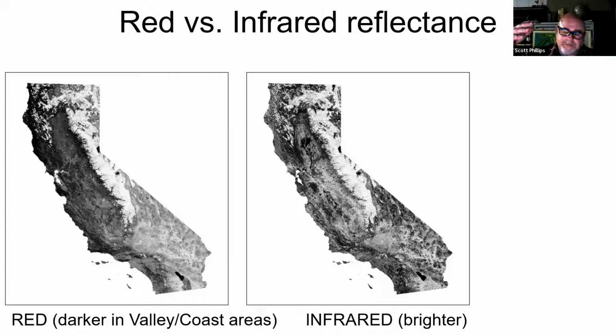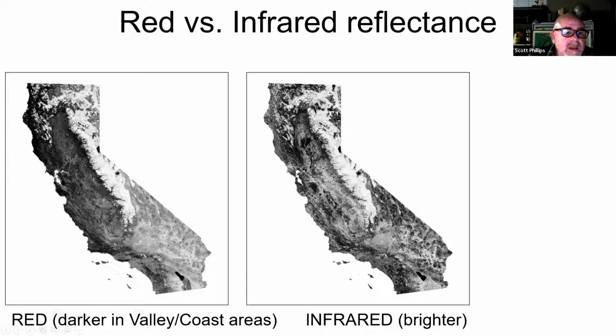But for physical reasons, in the way that it reacts with plants, plants are much brighter in the infrared than they are in the red. Plants absorb the color red, but they reflect what you might call a color infrared, even though it's not a color that our eyes normally see. This is something that the satellites can detect.